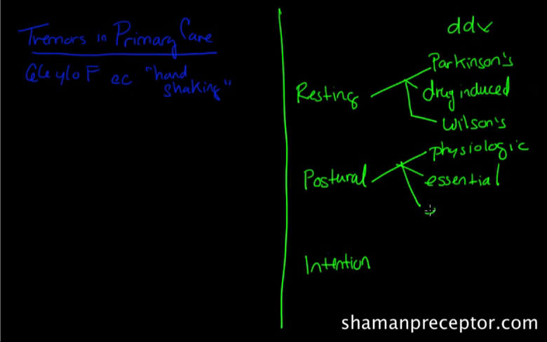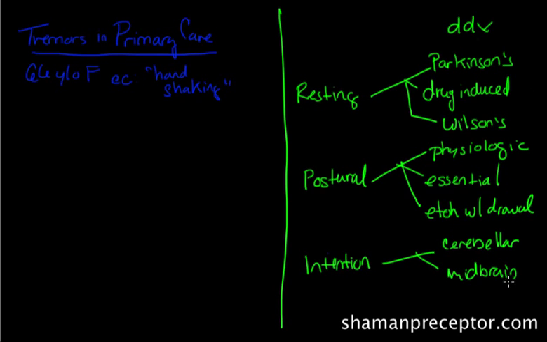And then finally, there's alcohol withdrawal, which I'm sure you've already seen the tremor that you could get with alcohol withdrawal on the wards. With intention tremor, this is really a marker of cerebellar disease. Could mean that the patient has midbrain stroke, or it could be a marker of MS.